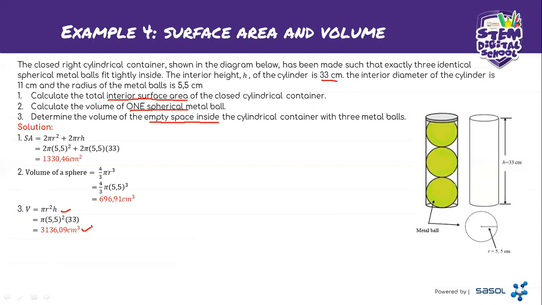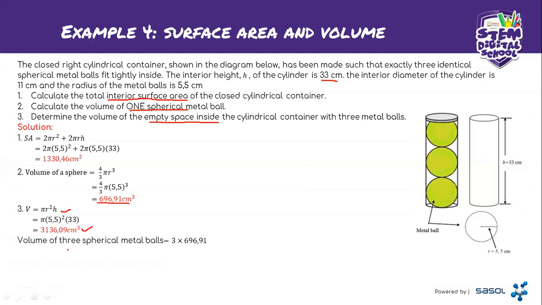Thereafter, we have to know the volume of these 3 metal balls, because from the previous solution, we calculated the volume of only one ball, which is 696.91.